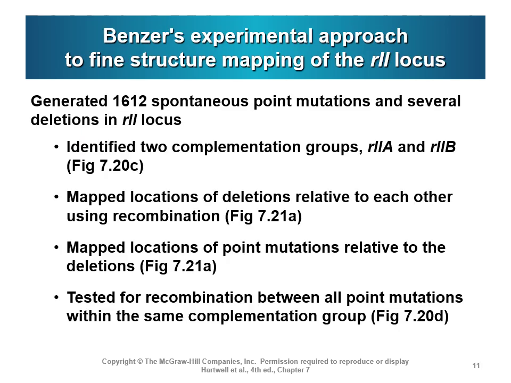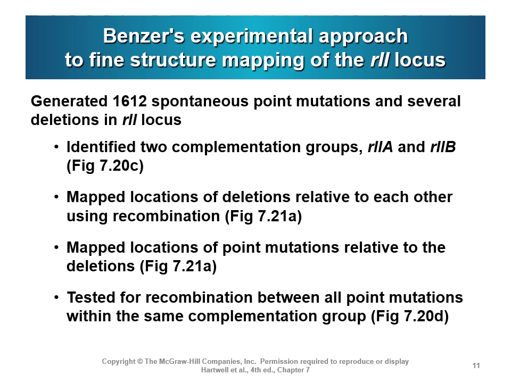So what was Benzer's experimental approach to find the structure mapping of the R2 locus? He generated 1,612 spontaneous point mutations and also several deletions in the R2 locus. And in order to do that, he identified two complementation groups, R2A and R2B.